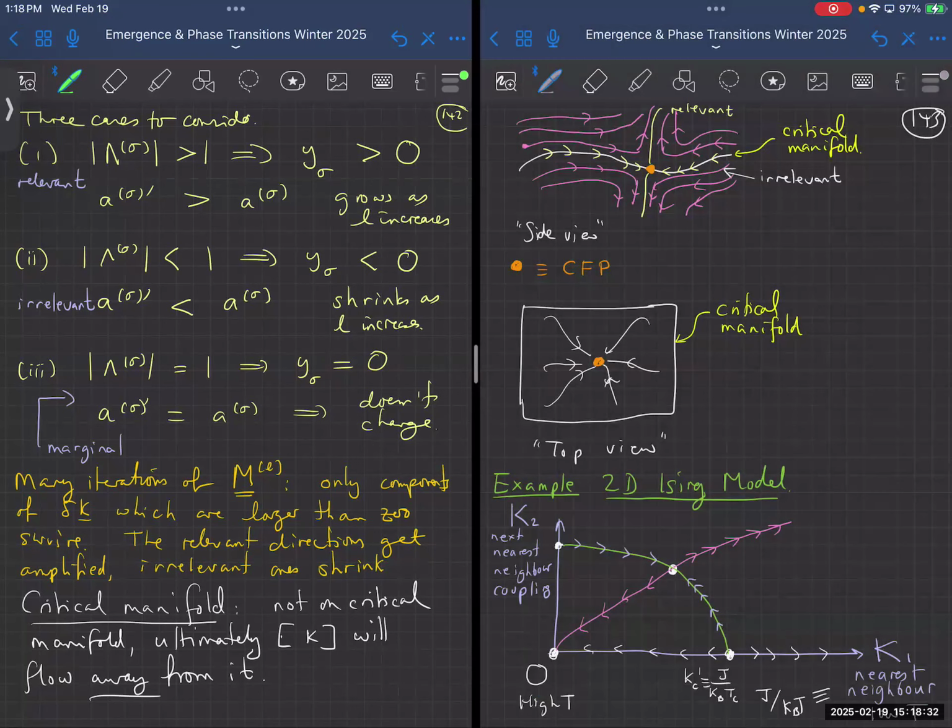So I can join up all the dots sort of like this. And so on. So I can get the global flow diagram from knowing the fixed points and the local flows.